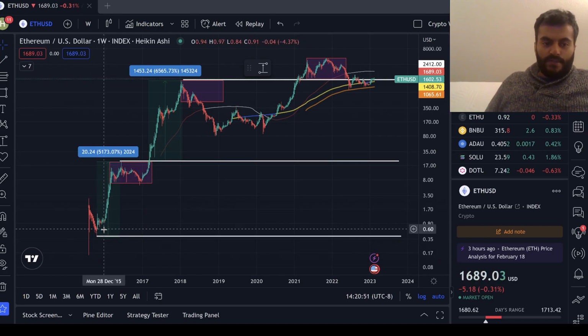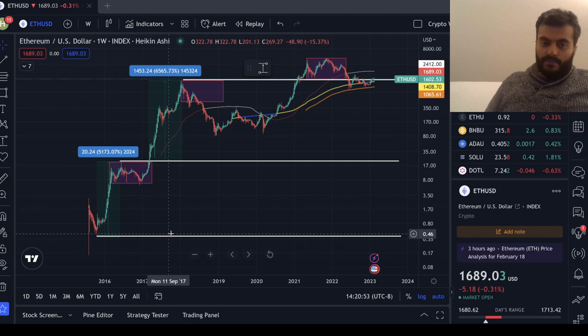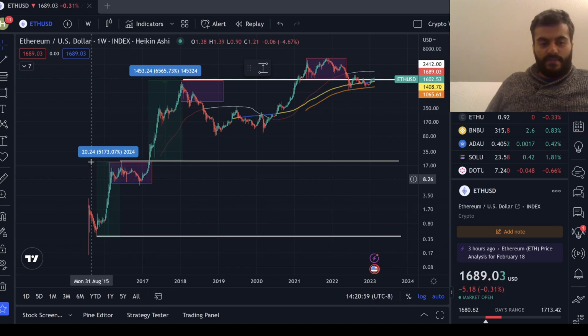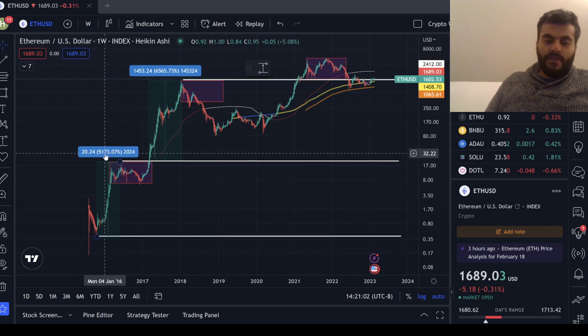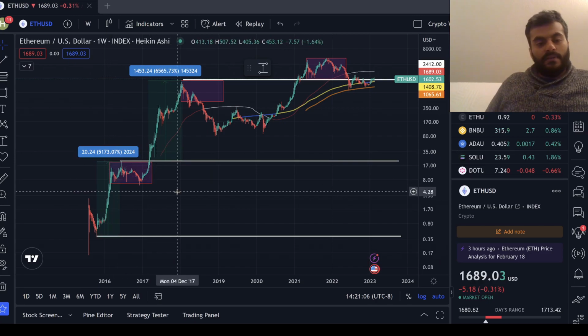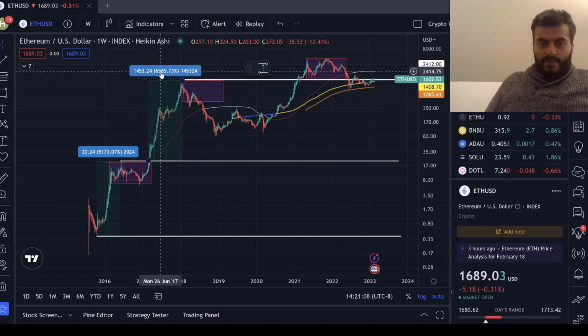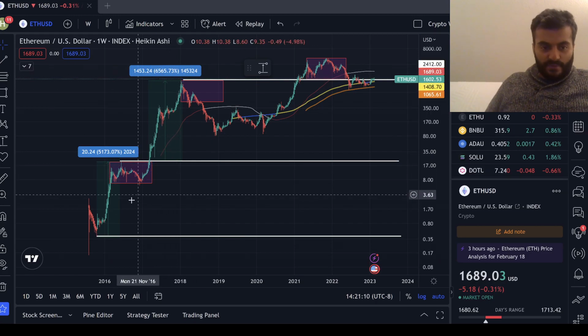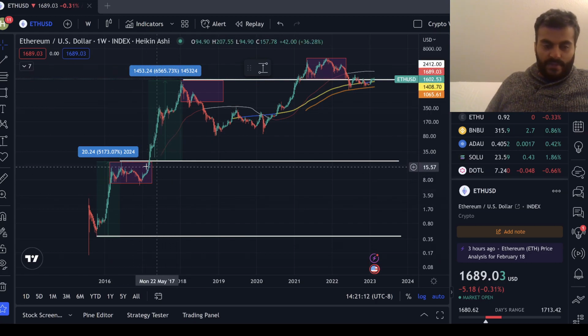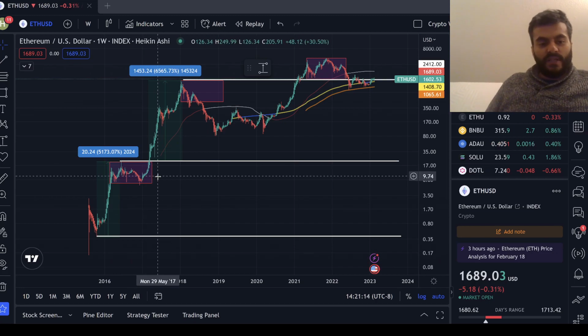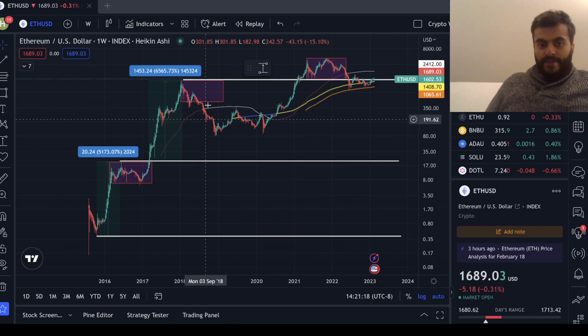Also, another thing to notice is these price action bands in green, which provide information about Ethereum's return for each market cycle. For the first market cycle, Ethereum had about 51x or 52x return. Second, it had almost 65x return from when it moved away from this zone in red.